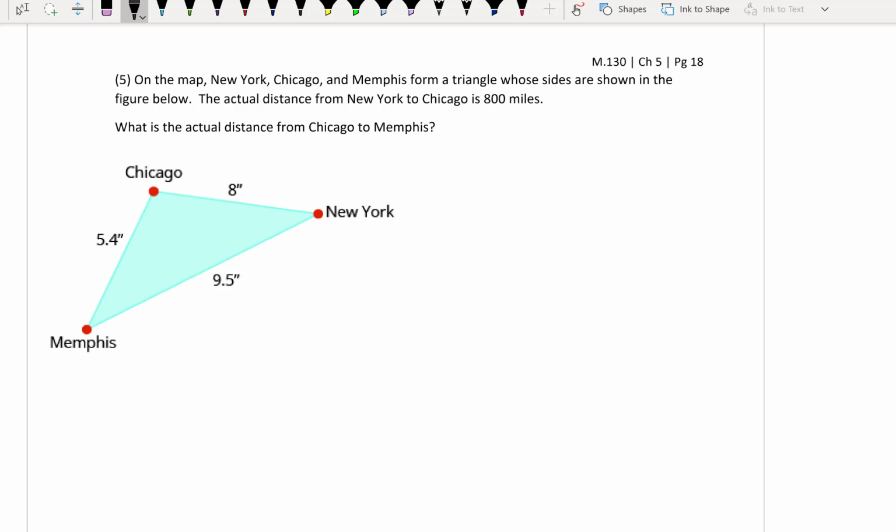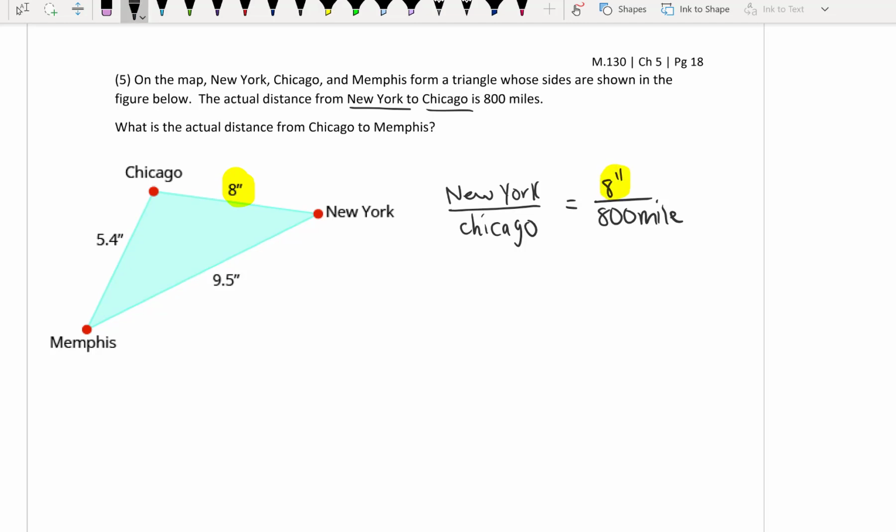So we know that we are going to be comparing New York to Chicago. So New York to Chicago, and that is going to be our 8 inches. It's going to be equal to our 800 miles. Okay? And we got the 8 over here.